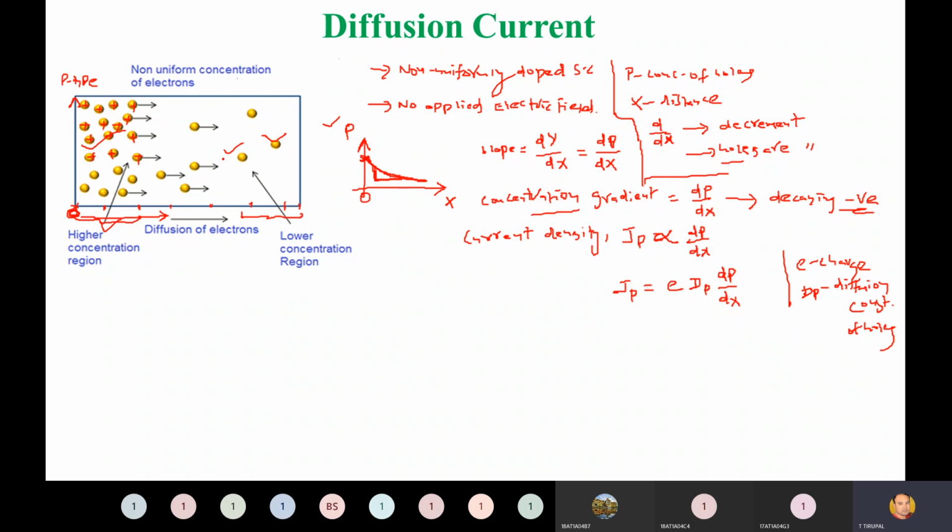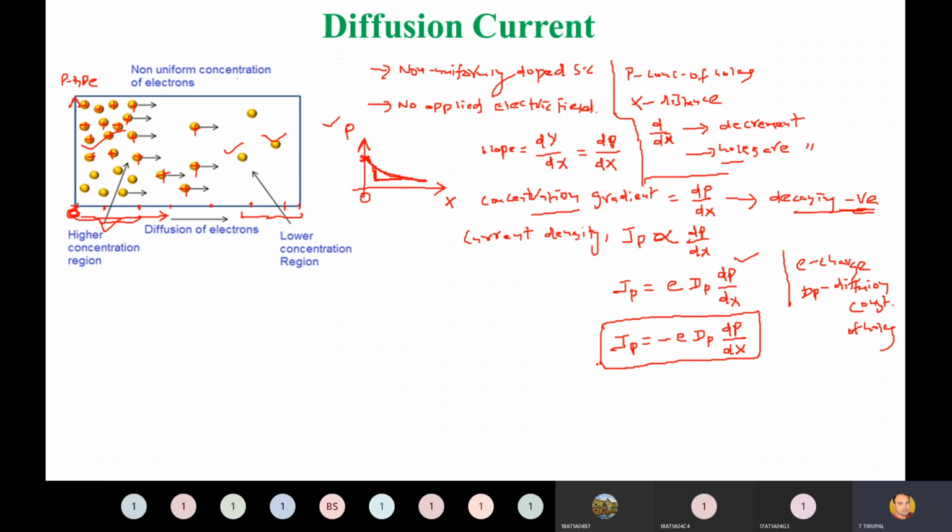But what is the charge of these holes? The charge of a hole is positive. Negative we already have in the form of dp by dx, because it's a decaying function. So to make this a positive charge, I am adding one minus sign here: minus e into Dp into dp divided by dx. This is called current density due to holes.